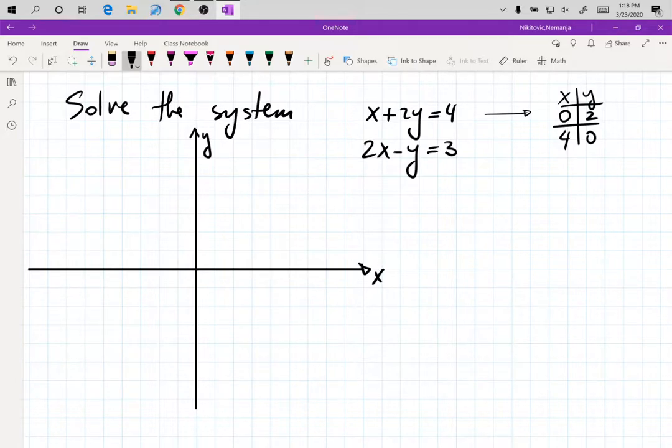Then we graph the y-intercept of 2 and the x-intercept at 4. And we connect those with a straight line.